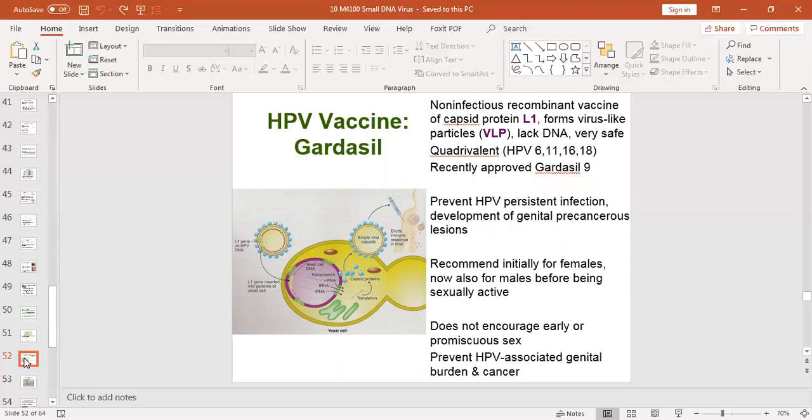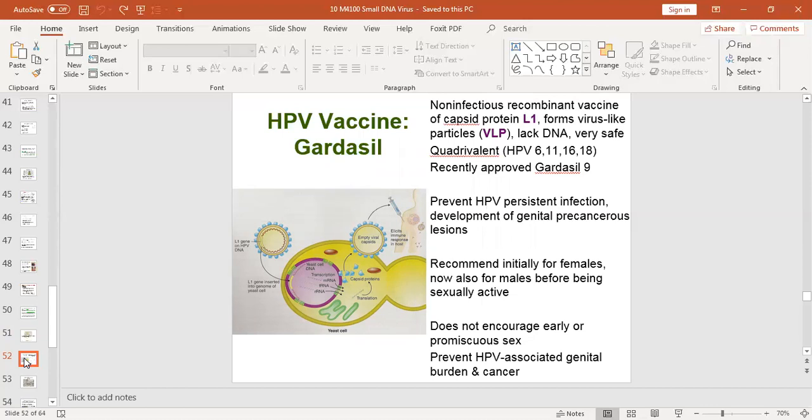So there is a protein on the capsid of the virus called L1. We take that, and through DNA recombinant technology, we make lots of it in the laboratory, which is non-infectious because it's only capsid protein. It does not have DNA.